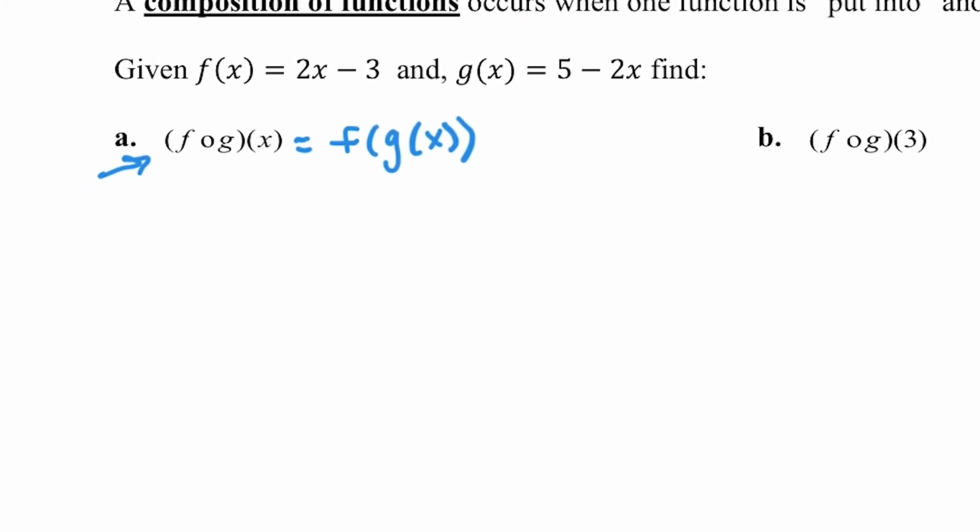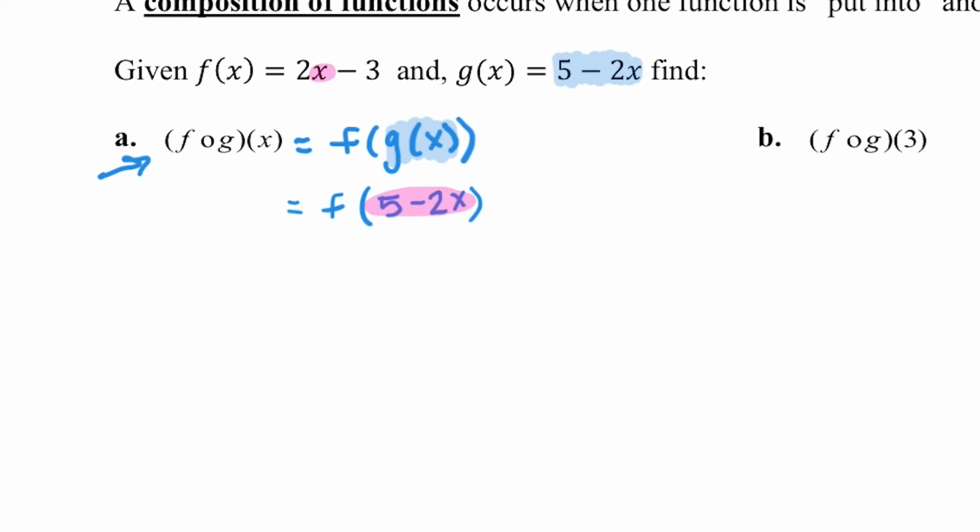The next thing I'm going to do is just replace this g of x right here with what g of x actually is. So since g of x is 5 minus 2x, I'm just going to write that in here, 5 minus 2x. Now this looks like the example we did above, where we did f of x plus 2. We're just going to take this 5 minus 2x and plug it in for x in f.